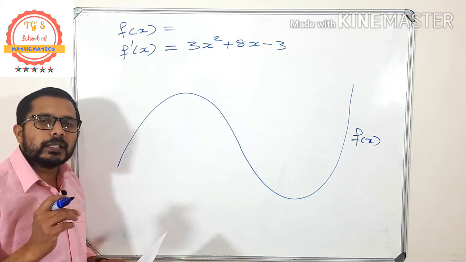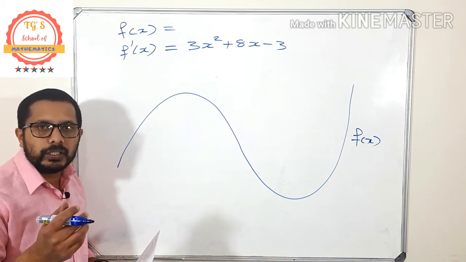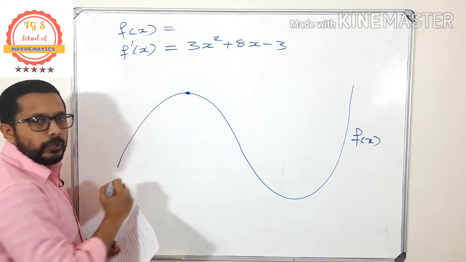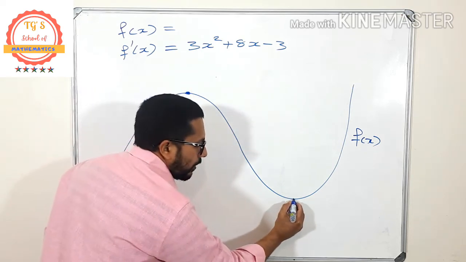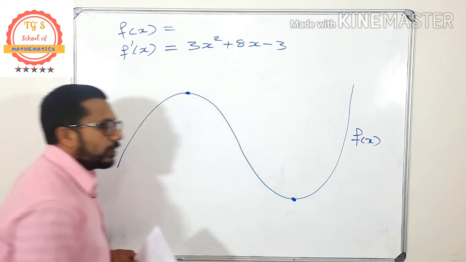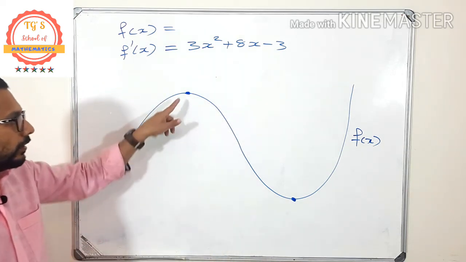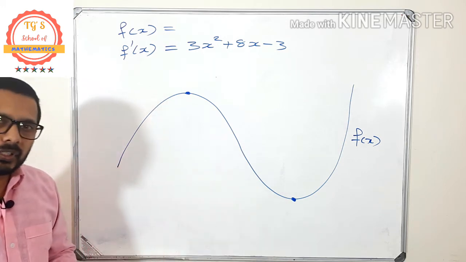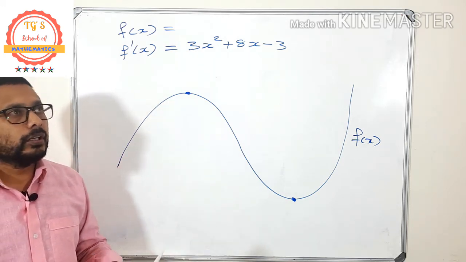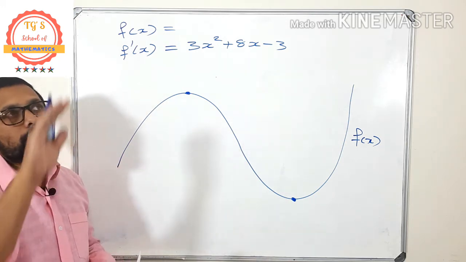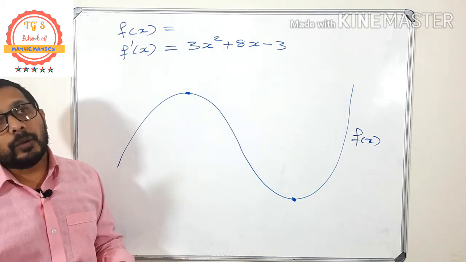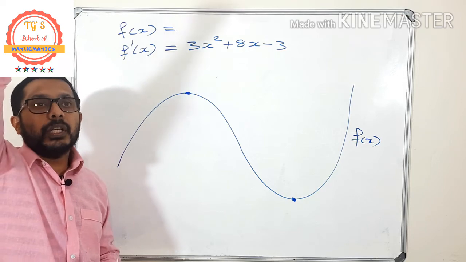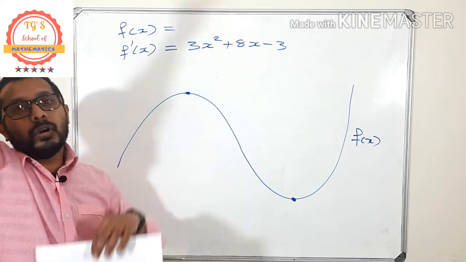Stationary point is the same as the turning point. So which one is the turning point? This is one stationary point, and this one is another stationary point. You can see that these 2 points are the turning points. Okay, so why is it called a stationary point? You know, when you are going up on a hill, and the top point, when you reach there, then you can't go up again.